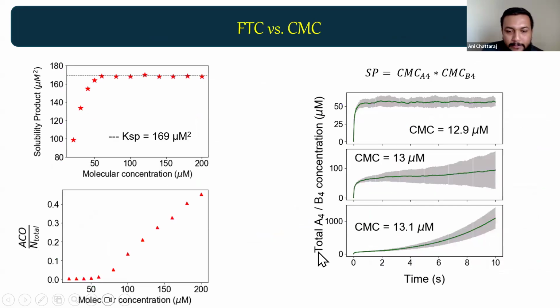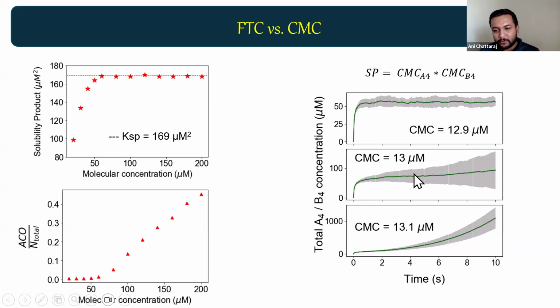So to summarize these two plots: on the left-hand side, we have this fixed total concentration where we keep the total concentration fixed. On the right-hand side, we let it change. And both of the simulations point towards the same thing, because if we look at this plot here, the solubility product can only reach this maximal level of 169.